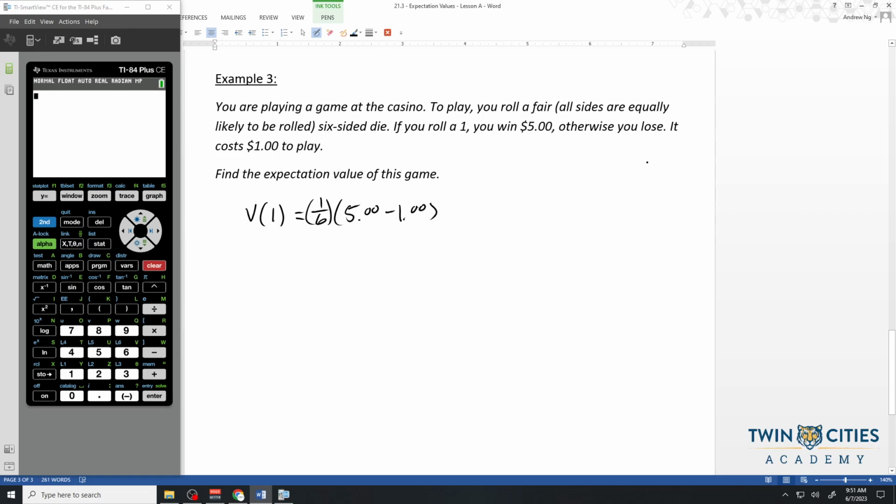So I could get a 2, a 3, a 4, a 5, or a 6. So the value of 2, 3, 4, 5, or 6, this is 5 out of 6. And then the outcome would be 0, I don't get anything, minus there's still $1 cost to play.